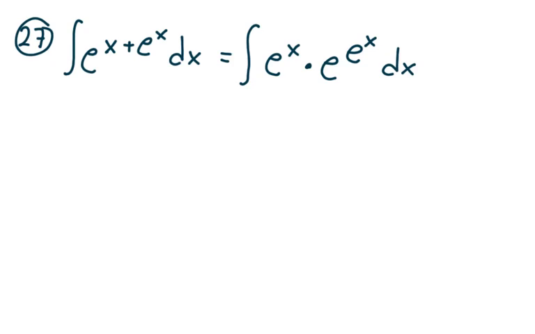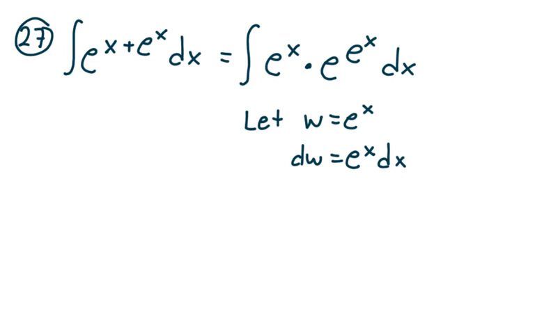So I just happen to notice the following. The derivative of e to the x is e to the x, right? So in my mind, I'm thinking let w equal e to the x. So dw is e to the x dx, right?